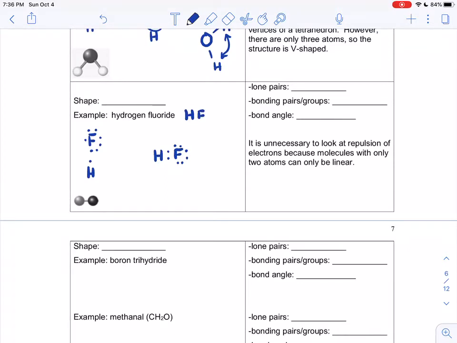But it doesn't matter, because the moment you have 2 atoms, the only shape that it can be is linear. And this will vary depending on your atoms anyway. So as long as there's only 2 atoms, the shape will be linear.